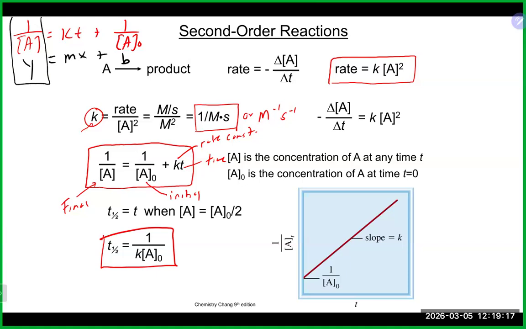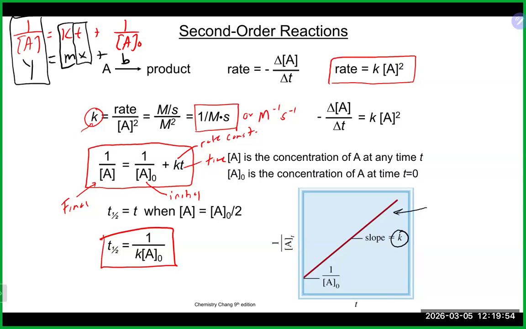On the y, we graph 1 over the concentration of A. On the x, we still do time. That will once again yield a straight line. The difference with second order is that the line is positively sloping. The slope of this line just equals k, and a positive slope gives you a positive number for k.